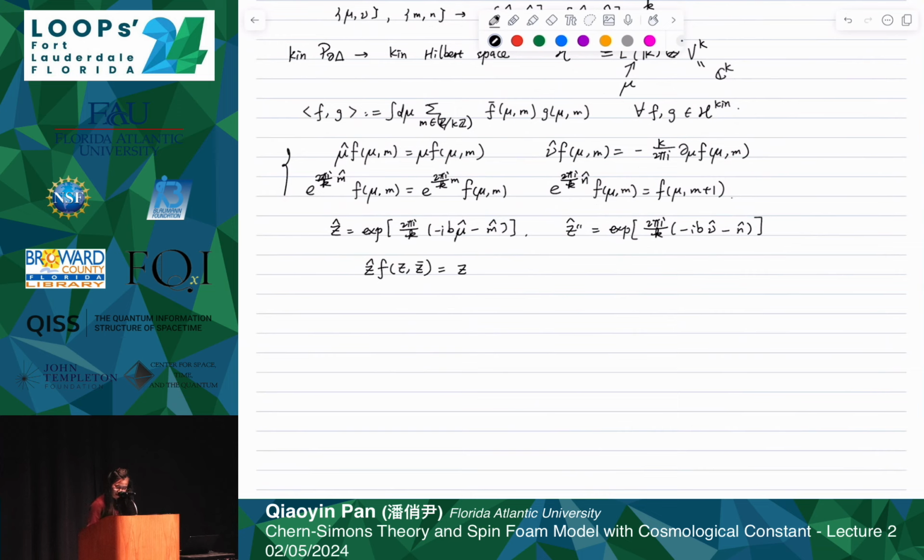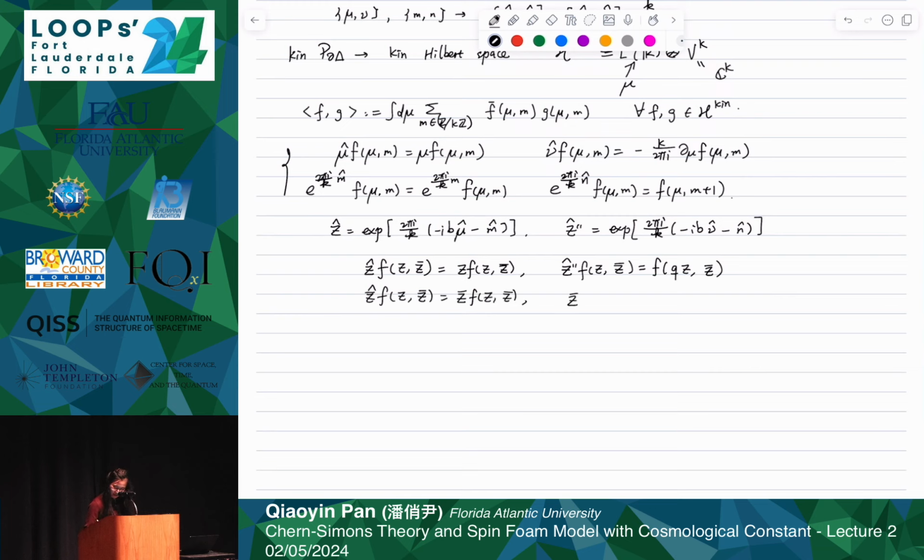And this is a multiplication operator again. And the z double prime hat acts on this function by multiplying the variable z with q. And for the z bar part, the operator is also a multiplication operator.